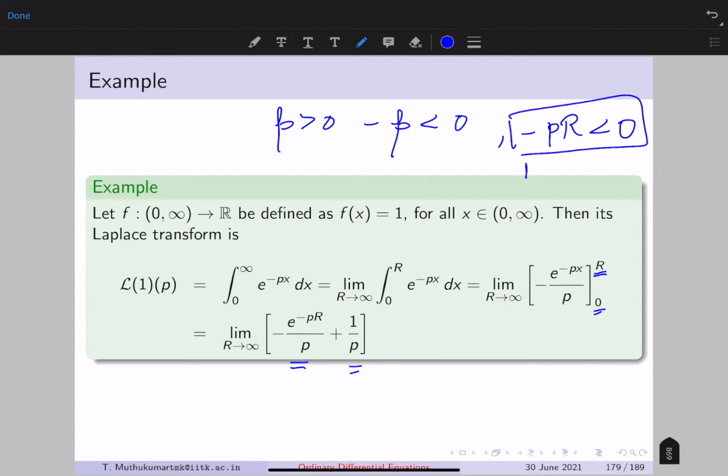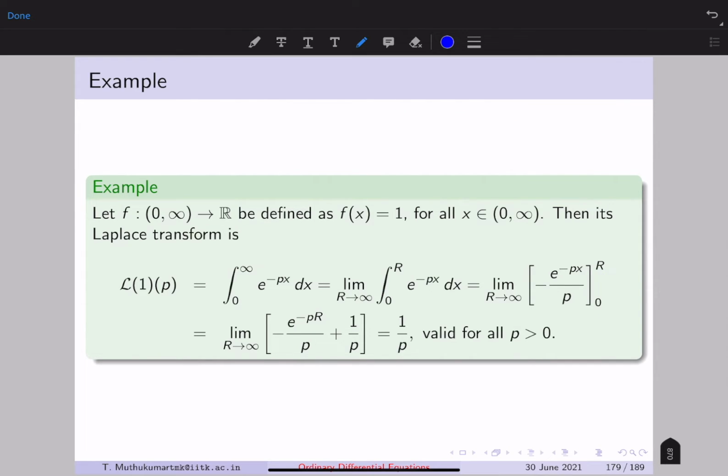So when r goes to infinity, minus pr goes to minus infinity for each fixed p, which means this goes to 0. So when p is positive, this first term limit goes to 0.